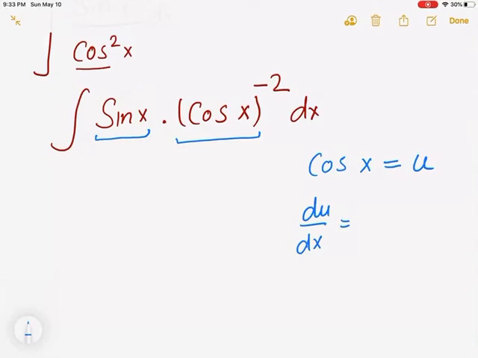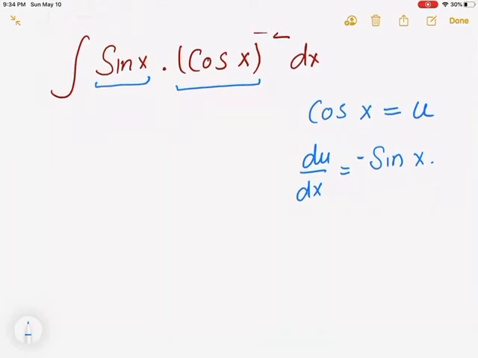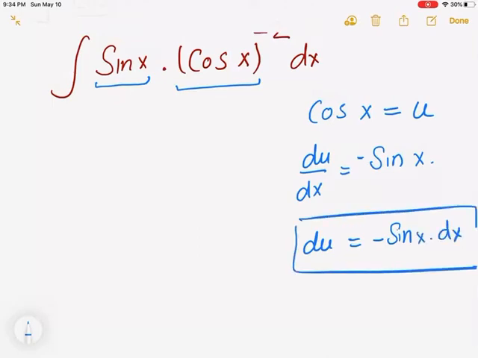Remember, we take the derivative. The derivative of the cosine function is negative sine. Now I'm just going to do cross product, because eventually I might need that. So du is equal to negative sine x dx. I'm just going to leave it up here.